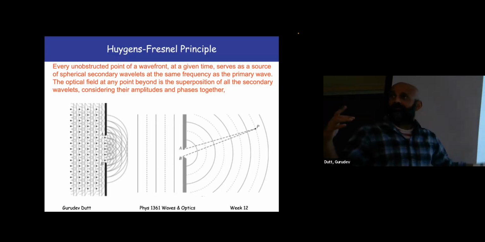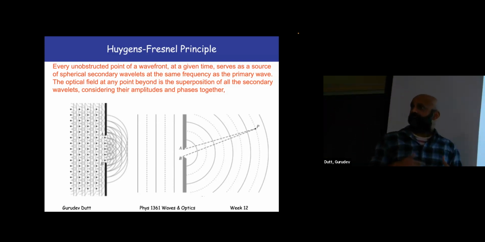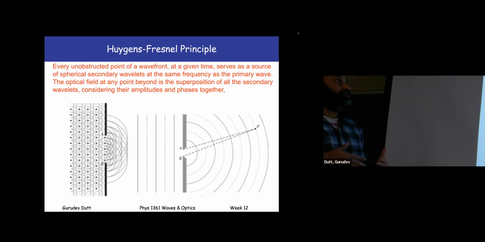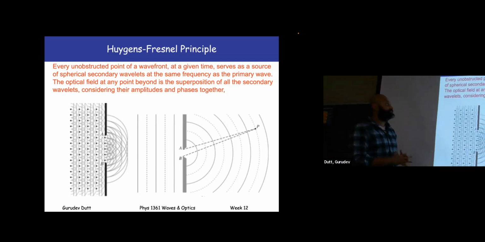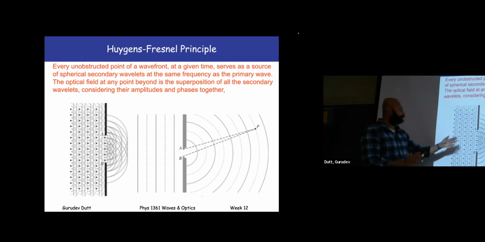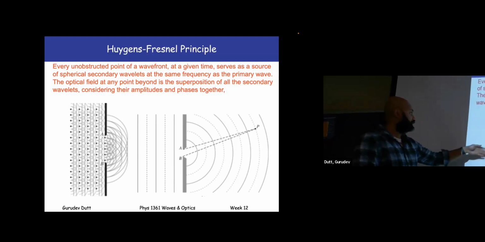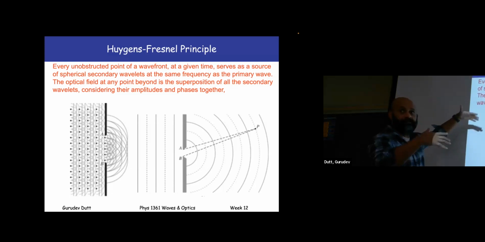It doesn't need scatterers here. In the Huygens-Fresnel principle, in the way it was given, each of these serves as a source of secondary wavelets, and these are spherical secondary wavelets at the same frequency as the primary wave. The optical field at any point beyond this primary wavefront, which is to the left over here, is the superposition, including amplitude and phase, of all of these secondary waves.